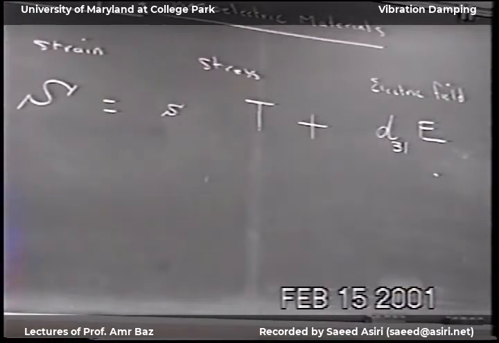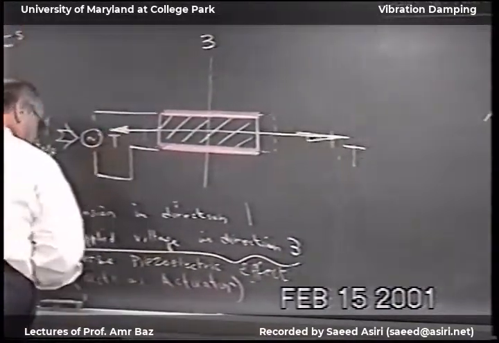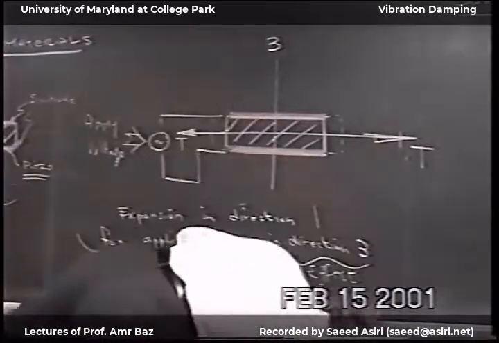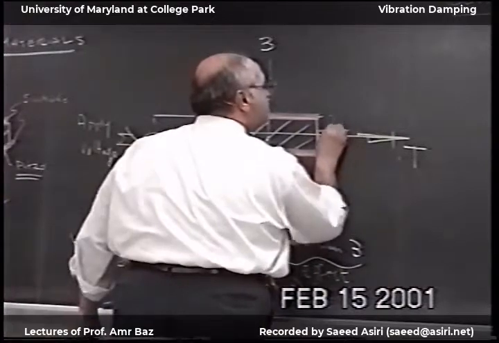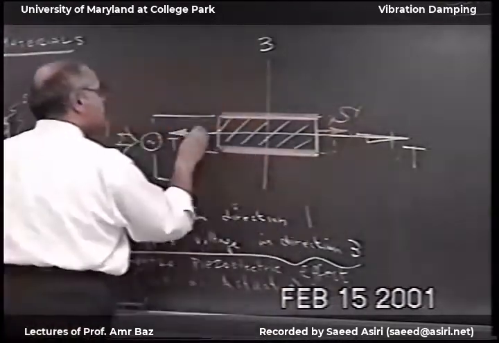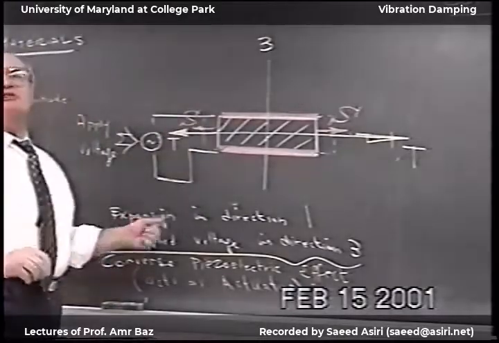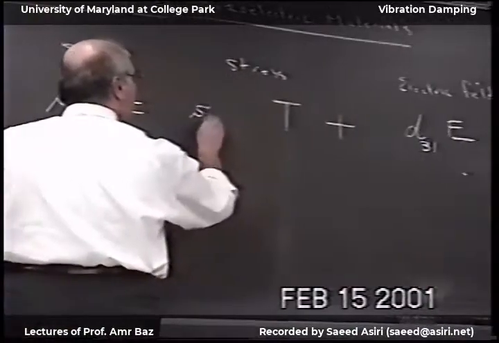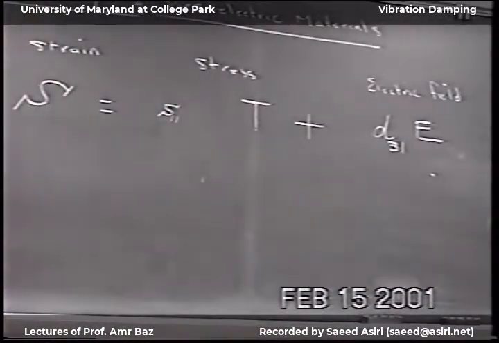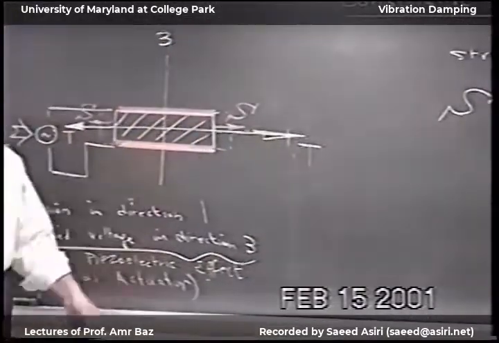If I apply mechanical stress in this direction, I will generate mechanical strain in the same direction, and the relationship between them is this small s, which we'll call S11, because I apply stress in one direction and the generated strain in the same direction.